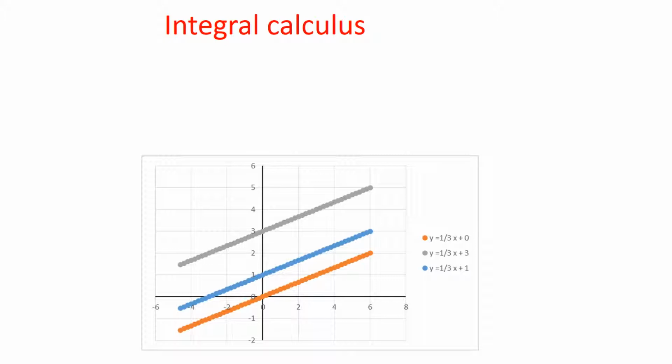If we're saying that dy by dx equals 1/3, how do we get up to there?